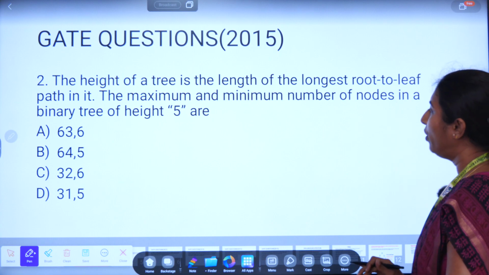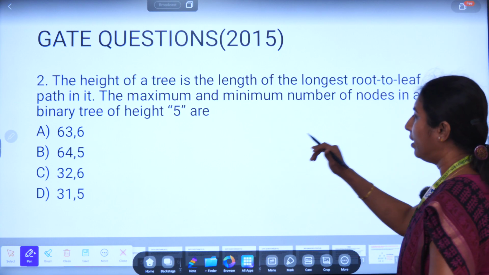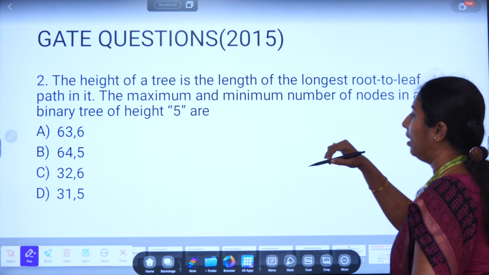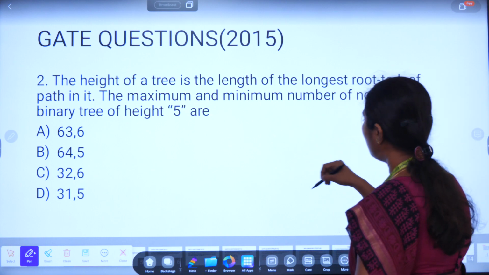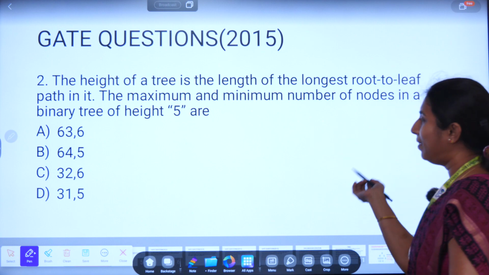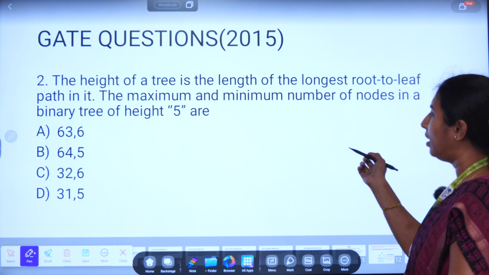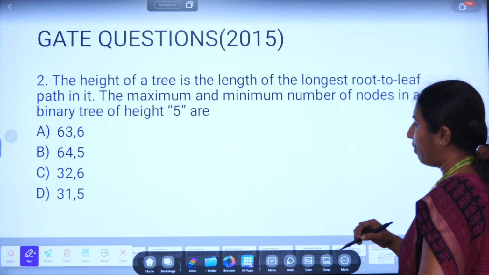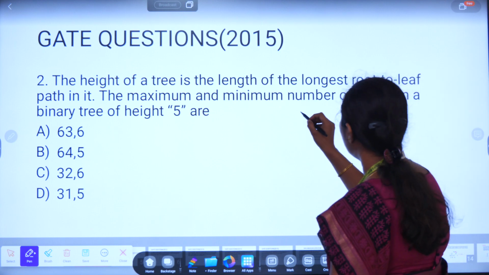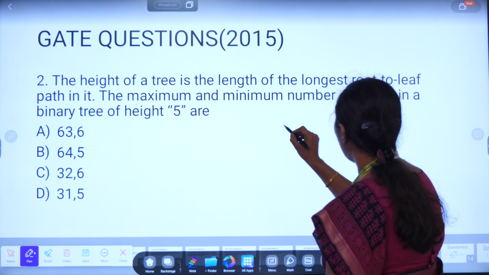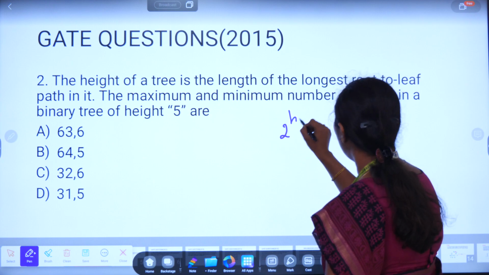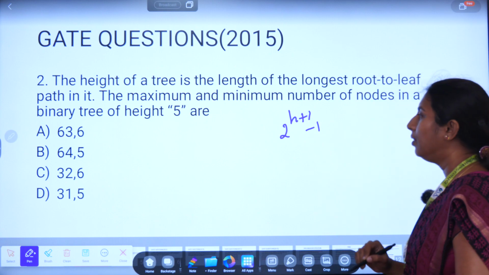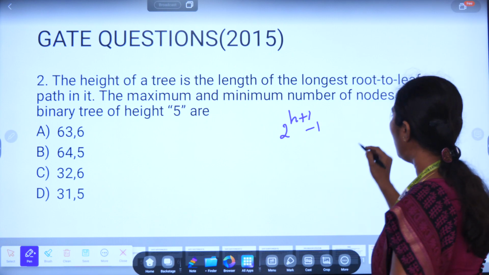If you have height 5 for a particular tree which is a complete binary tree, then in the previous tree the level was 2, and here the height is going to be 5. We have a general formula for that: 2 power h plus 1 minus 1, if we know the height of the tree.